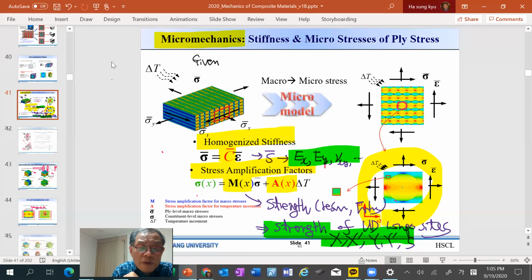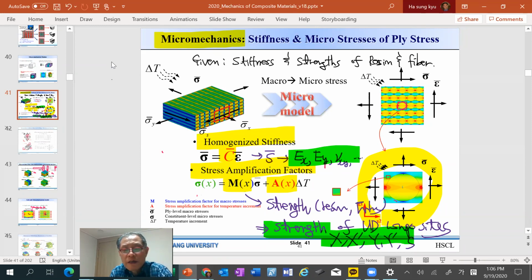So the given property will be the stiffness and strength of resin and fiber.